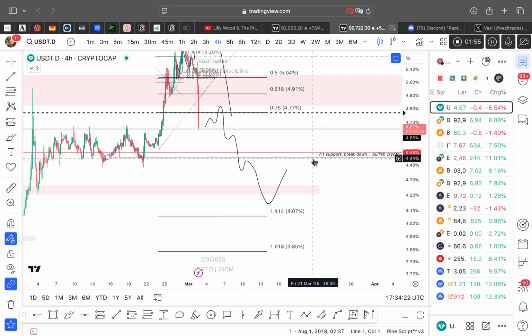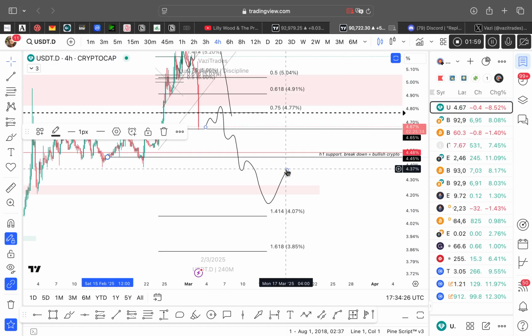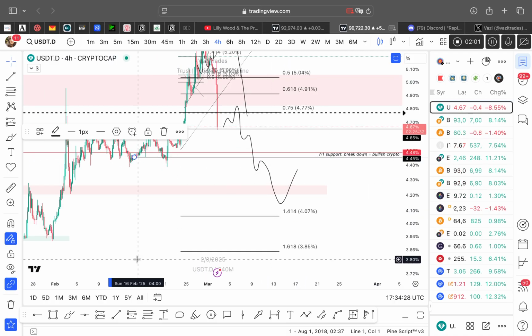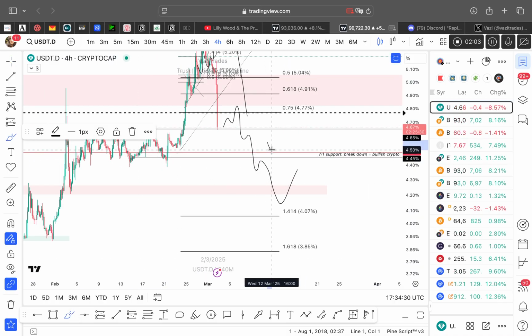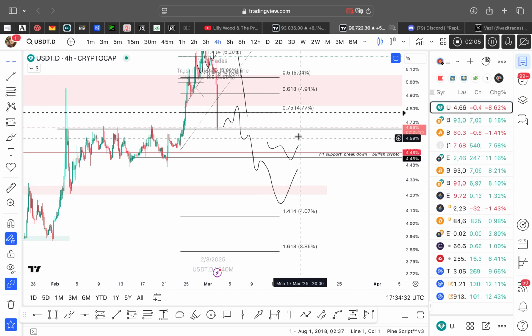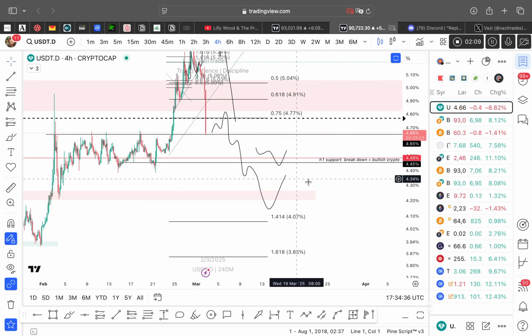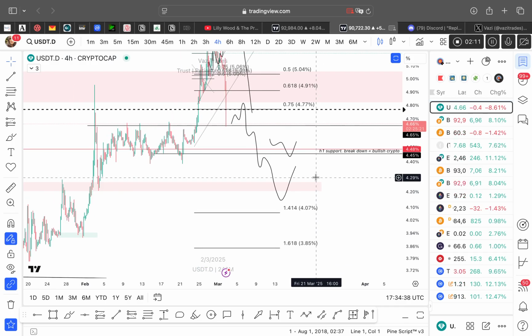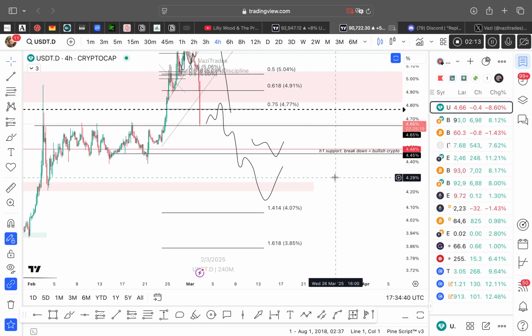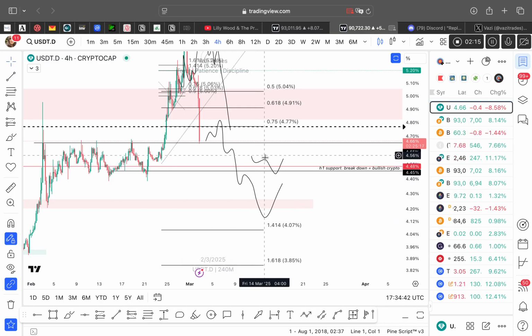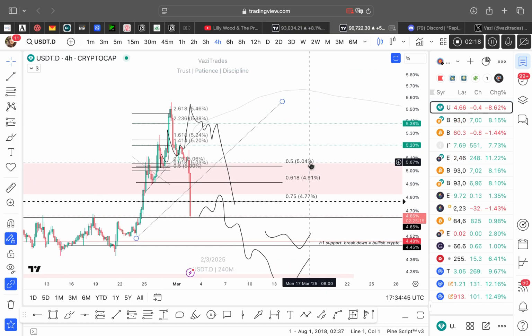Of course, we should not forget about 4.48. It can stand also as a support. So we have here two zones, and if USD dominance continues going down, it is of course very good for crypto, right? And then we should be careful at these areas.